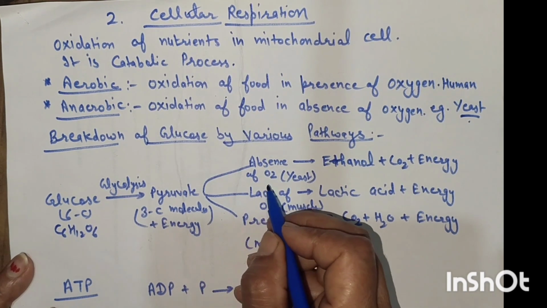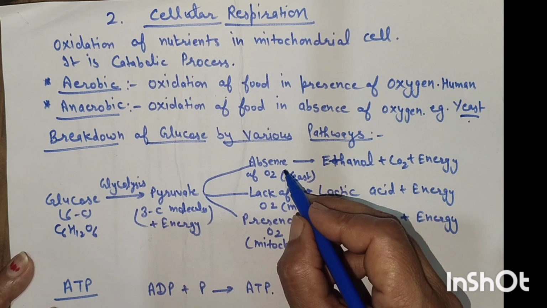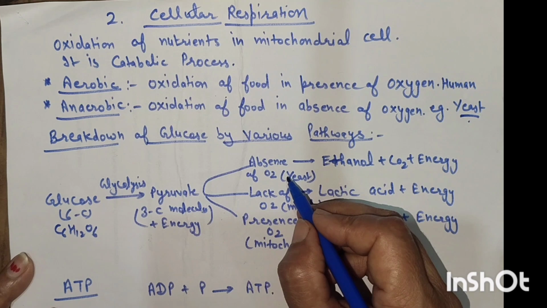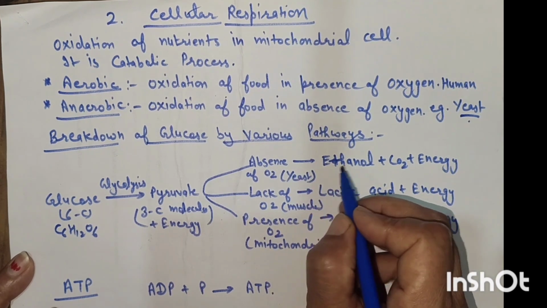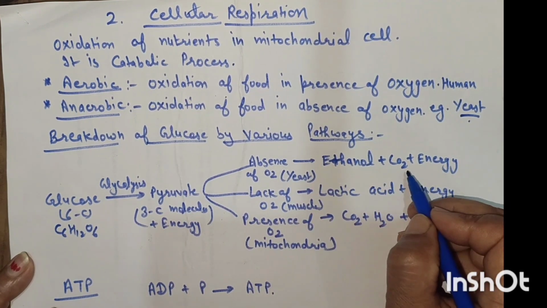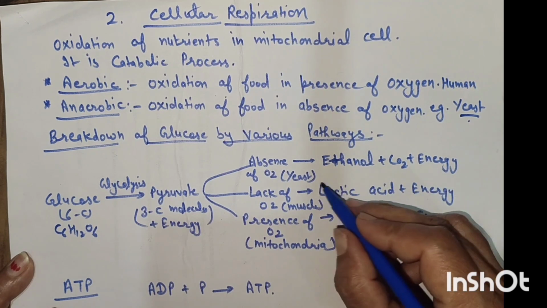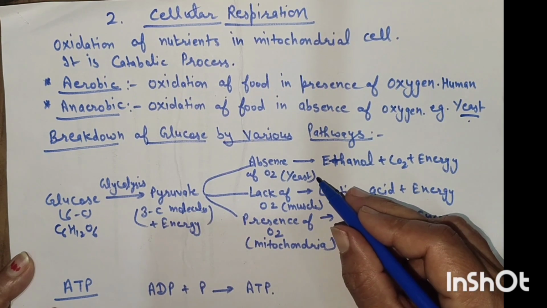It is completed in 3 steps. First is absence of oxygen. That is an anaerobic process. It forms ethanol plus carbon dioxide and also releases energy. This takes place in yeast.